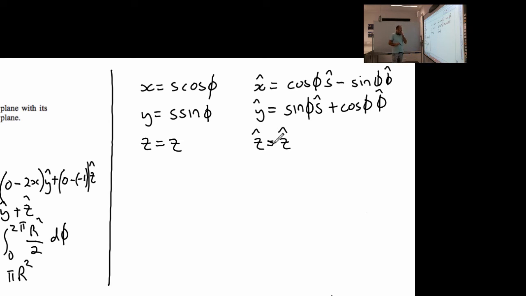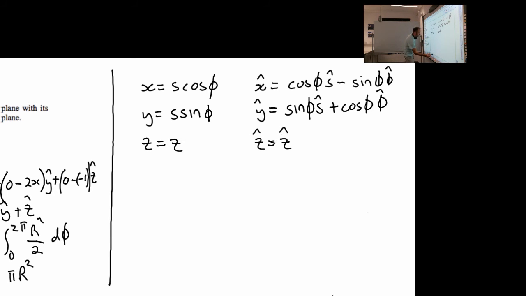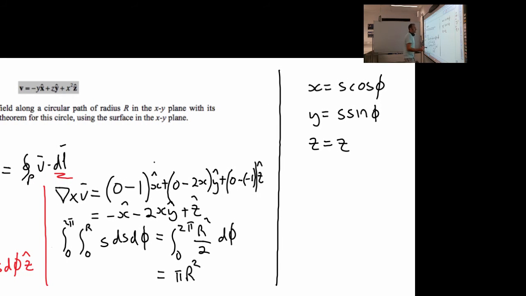Okay, so what are we going to do? What we want to do is just put these into our vector field V. So remember V is equal to minus y x hat plus z y hat plus x squared z hat. Okay, I'm just making it a bit easier writing it over there. And we just put our components in.